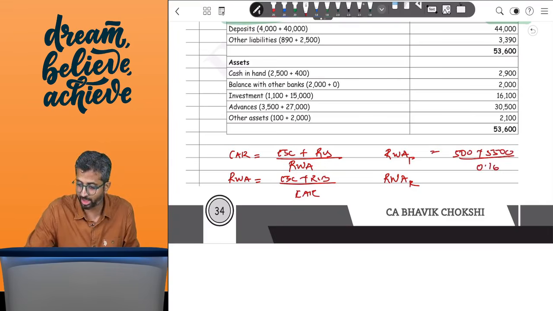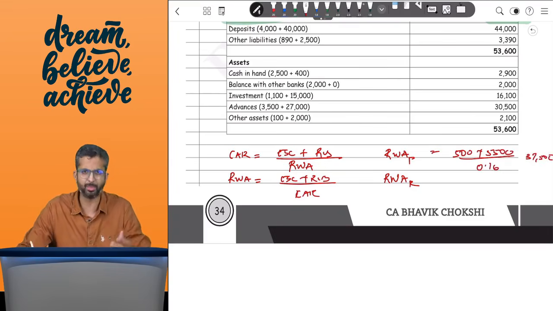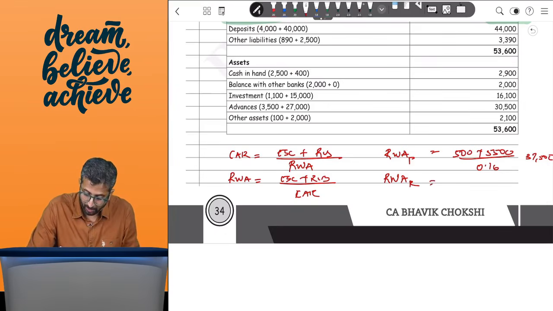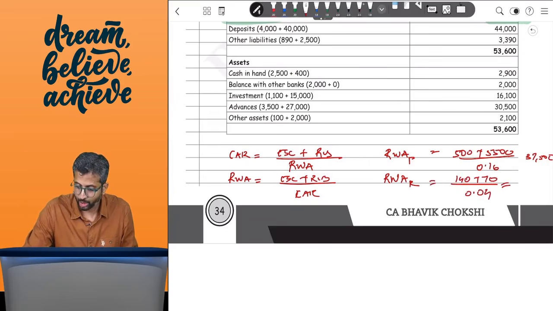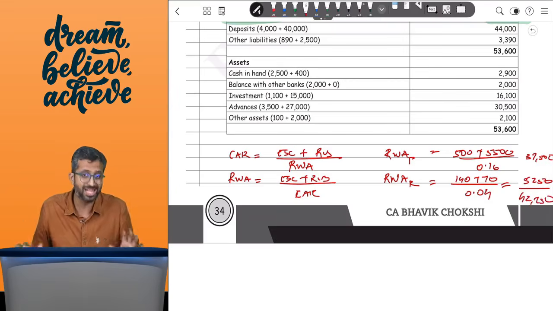So 6,000 divided by 0.16, and you will have 37,500 of risk weighted assets. In my combined entity, that will continue. Further, for R, you will have 140 and 70, 210 upon 0.04, and hence 210 upon 0.04 comes to around 5250, which will also continue, plus 37,500, and hence 42,750 will be your risk weighted assets for the combined bank.